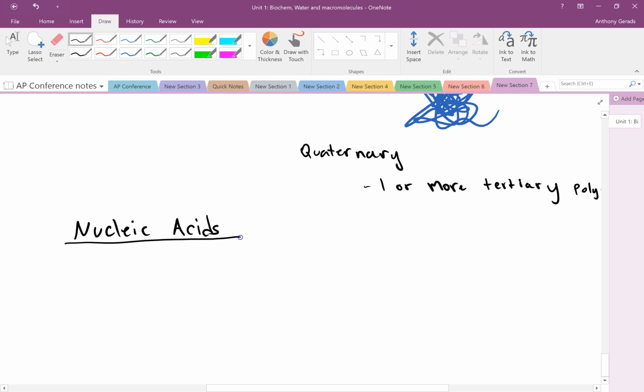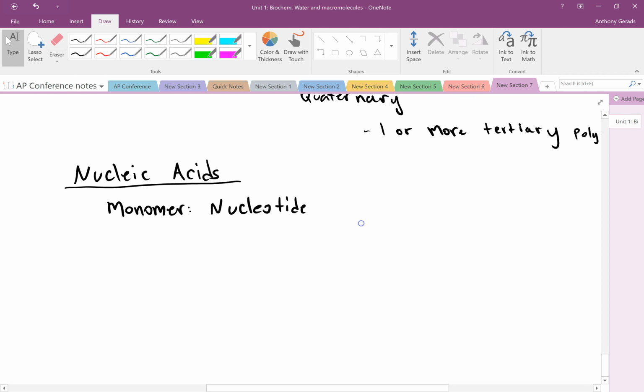So nucleic acids is the last one for Unit 1 as far as biomolecules. Its monomer is a nucleotide. And a nucleotide, I'm going to draw it, is going to have a phosphate.